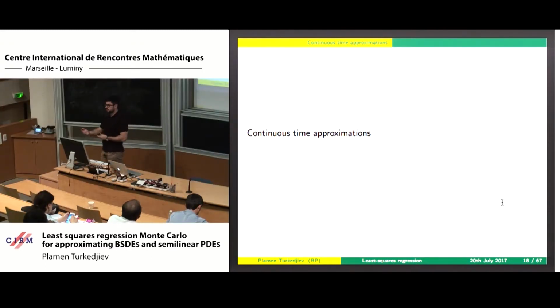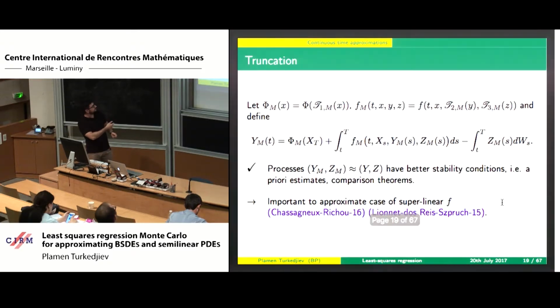So far what we've done is just rewrite the equation for y and z in different ways using the conditional expectation or some clever manipulation of stochastic calculus. What we can also do is approximate the functions phi and f in the backward SDE. What I mean by this is a very simple idea: we can put some handy truncations inside the functions f and phi of the parameters x, y, and z.